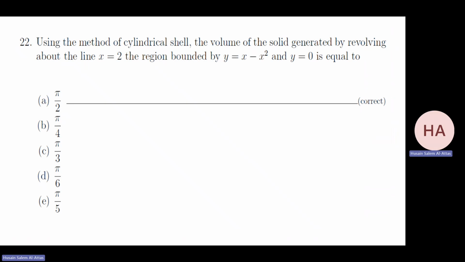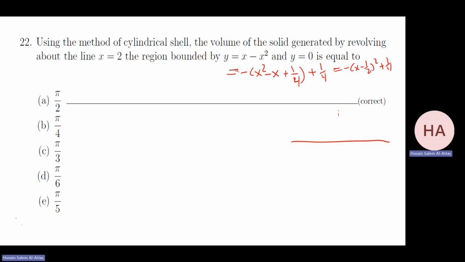What is this? Using the method of cylindrical shells, I need to do this. The region is revolved about the line x equals. I need to rewrite this. I can take minus as a common factor: minus x minus half squared plus 1 over 4.